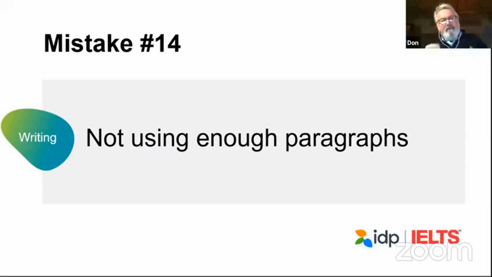Let's continue. Mistake number 14. In writing, the second assessment criterion is coherence and cohesion. It's 25% of the mark. What does it mean? It means that what you have written is well organized. It means it is logically organized.